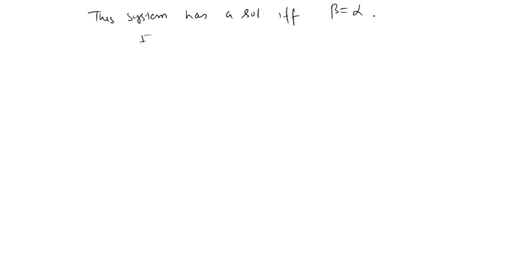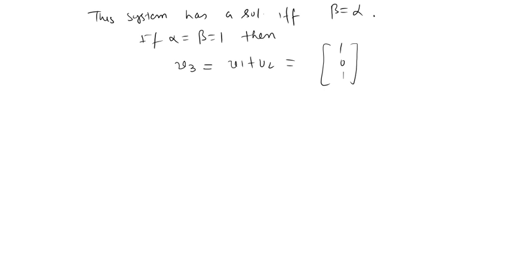So if you take alpha equal to 1, then beta is also 1, and then you have v3 equal to v1 plus v2, just add both, (1, 0, 1) plus (0, 1, 0), so this is (1, 1, 1).